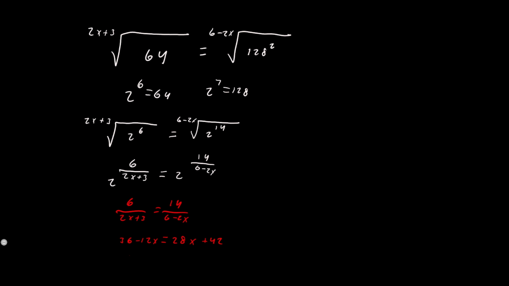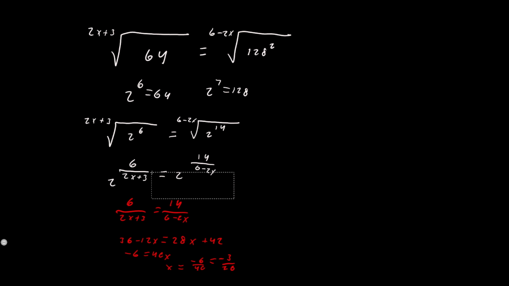Subtracting 42, we get negative 6, and adding 12x, we get 40x. If we solve for x, we get that x is equal to negative 6 over 40, or negative 3 over 20.